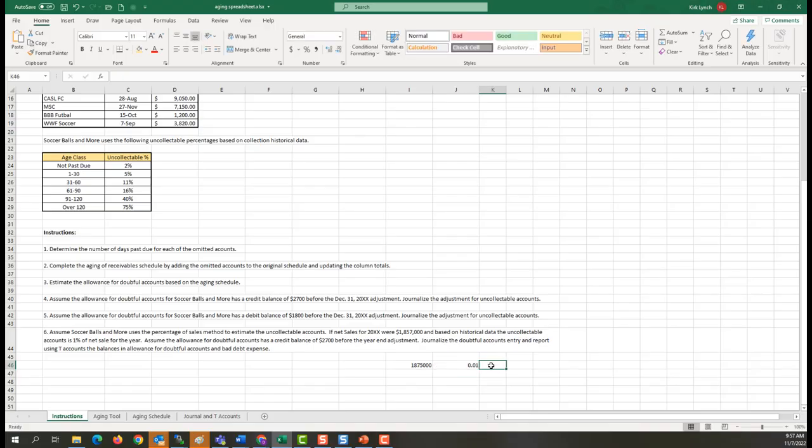And so our uncollectible would be equal to $1,875,000 times 1%, or $18,750, and that becomes the amount of our adjusting entry.